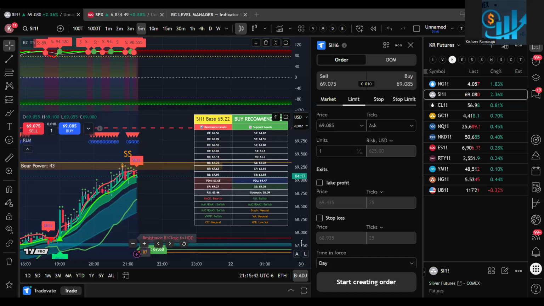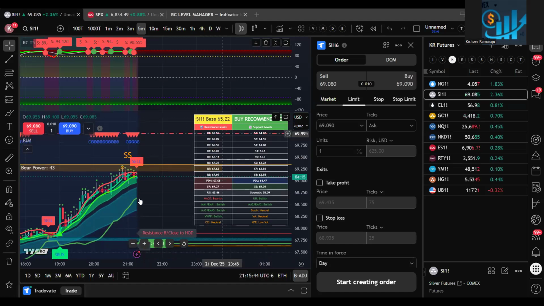So if you want to be profitable, then only focus based on the confluence. If the clouds are bearish, right, orange and red, if your dots are red, if you get a sell recommendation, that is where you look for the sell opportunities. Otherwise, if all the things are telling it is bullish, you only watch out for the buy opportunities.